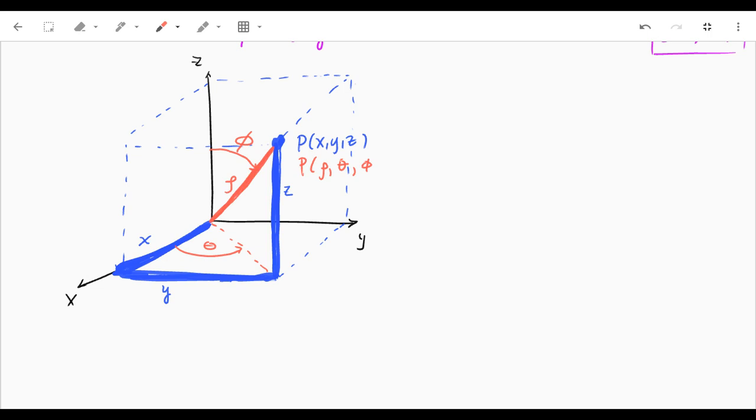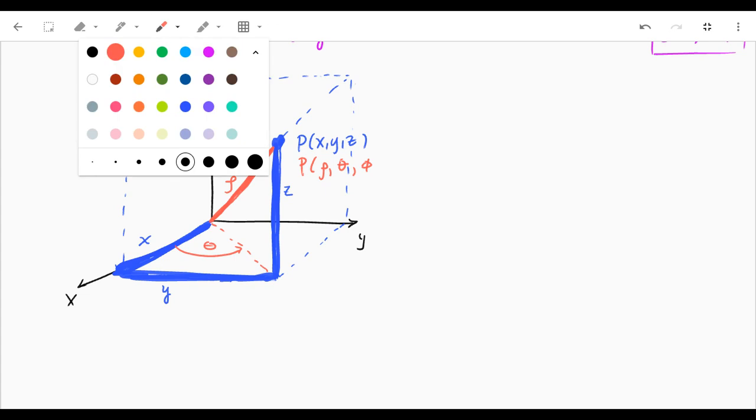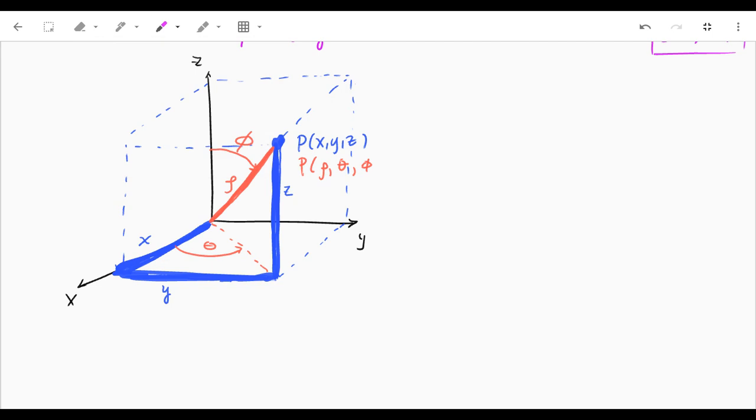So now we're going to get some of these conversions. One thing to think about here is rho sine phi. Rho sine phi would give you this distance here, because that's that right angle.